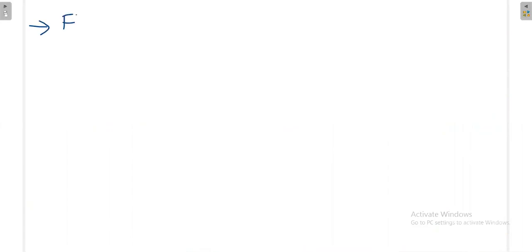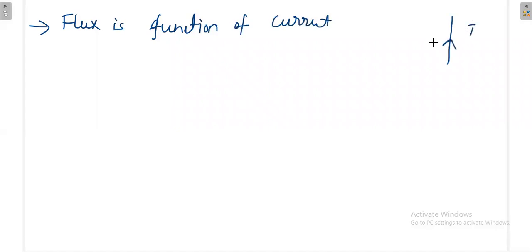See, some conductor is there, and some current is flowing in the conductor. Around the conductor there will be a magnetic field, so flux is there. More current, more flux. If you increase the current, the flux will increase.